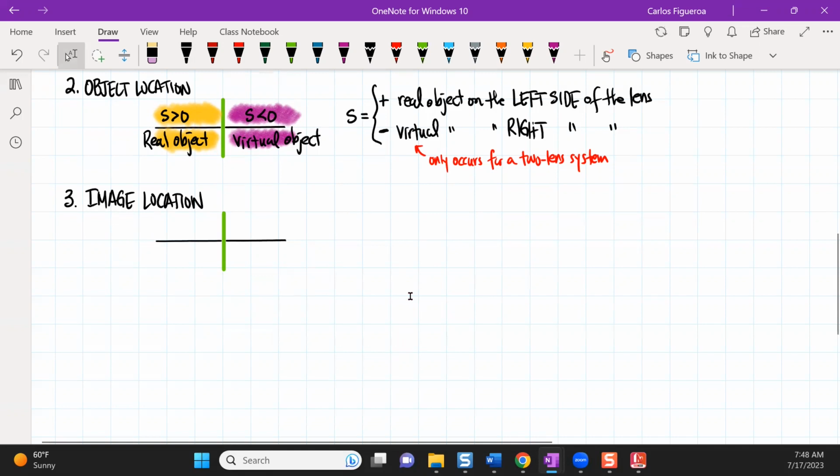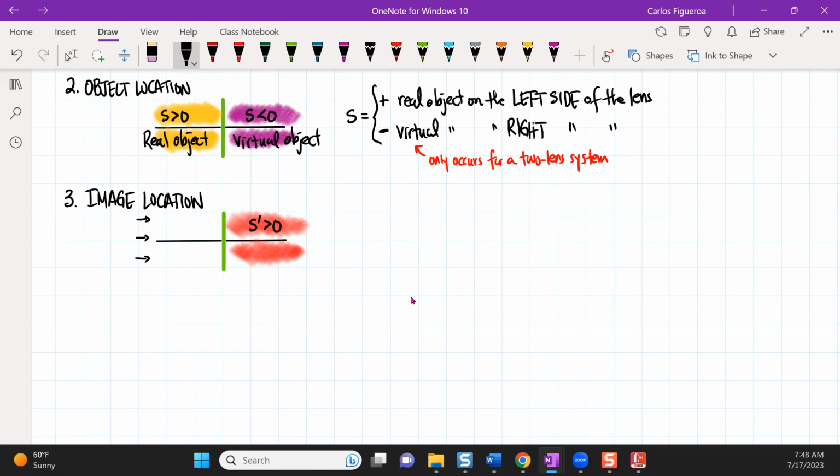So if I look at this side here, because we're talking about an image, we're going to say that an image should be positive on the right because we expect the light to go that way, right? Remember, the light is going this way. So we're expecting the image to form on the right.